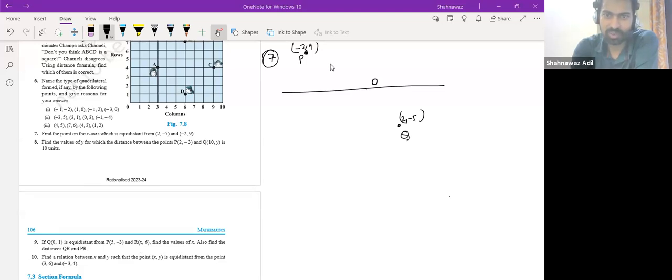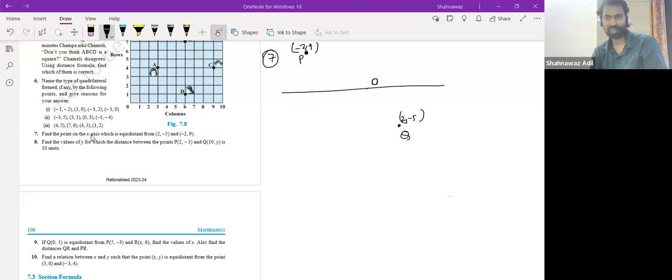Rizwan, you're joining from two devices. Did you understand the question? Find the point on the x-axis. So the point is lying where? On the x-axis. So what could be the coordinate of those points?